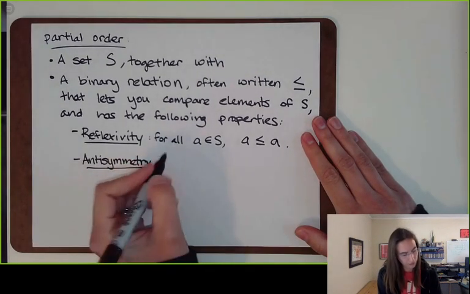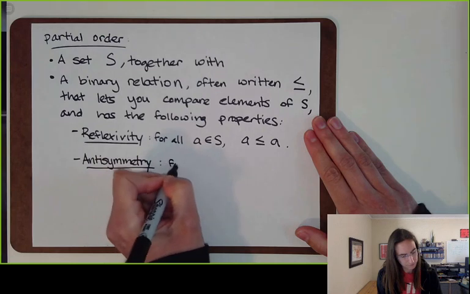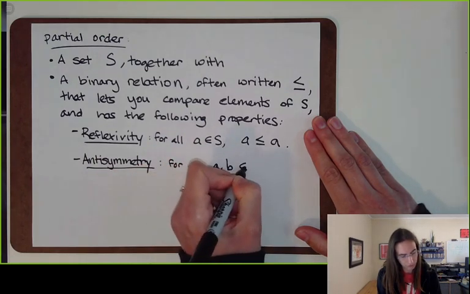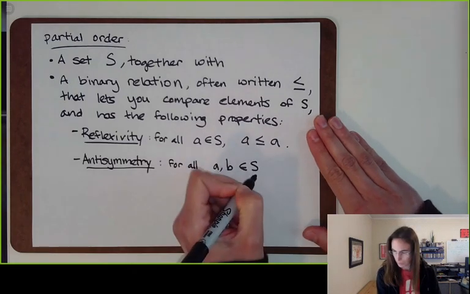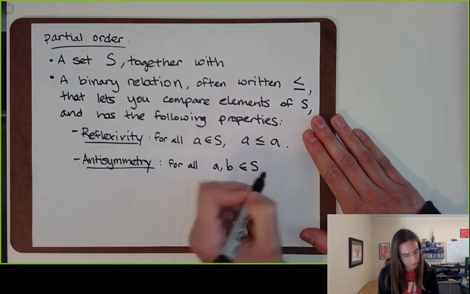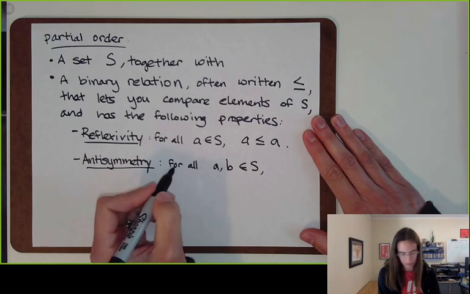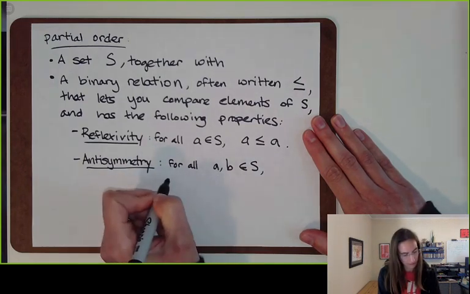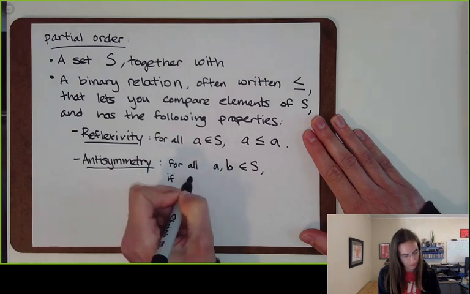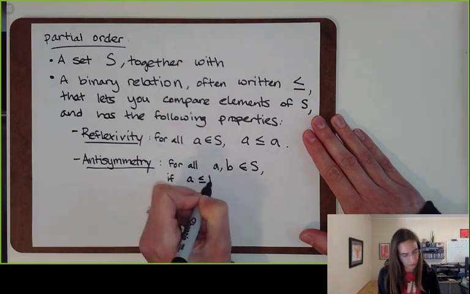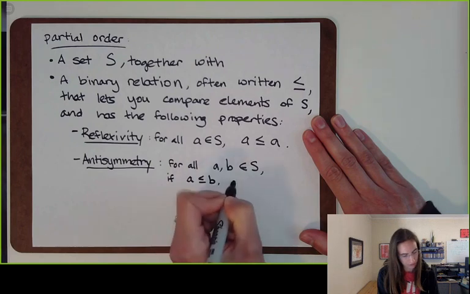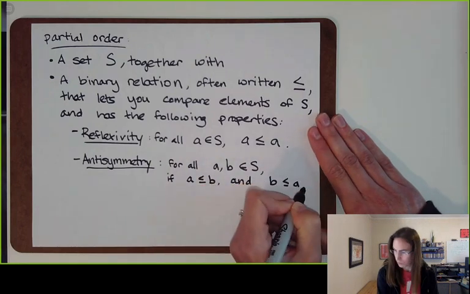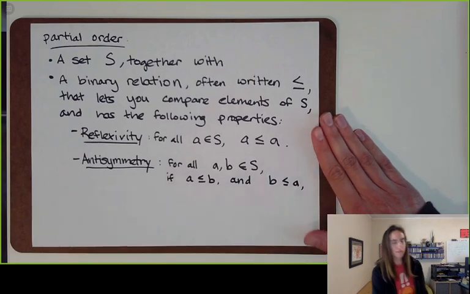Well, let's say that I have some A and B that are members of the set. And let's say that if A is related to B by the relation, and B is related to A, what has to be true about A and B then?